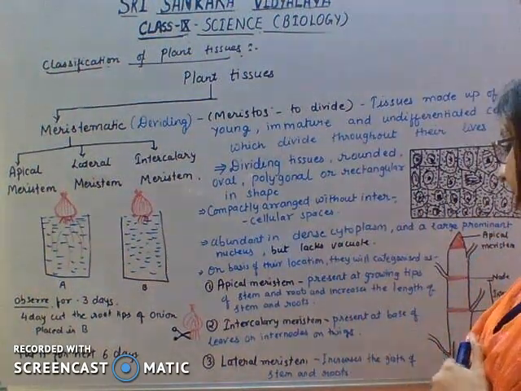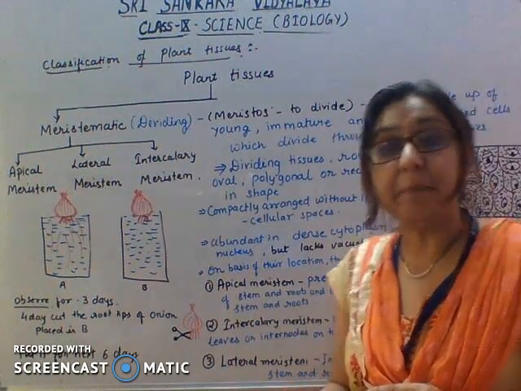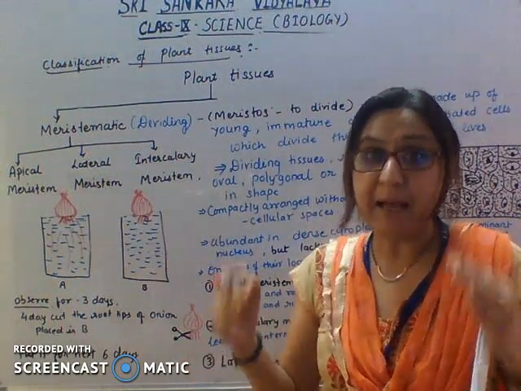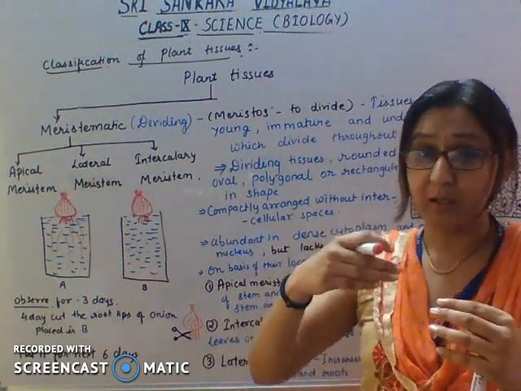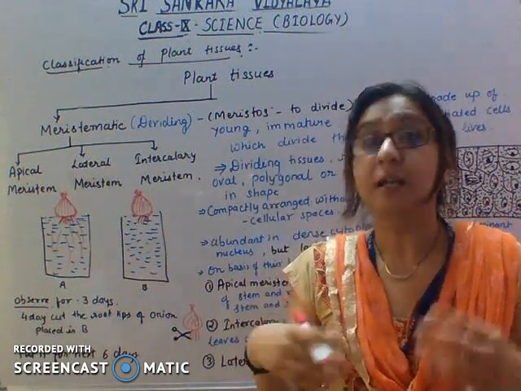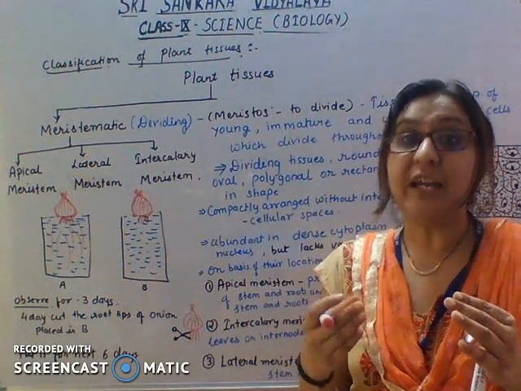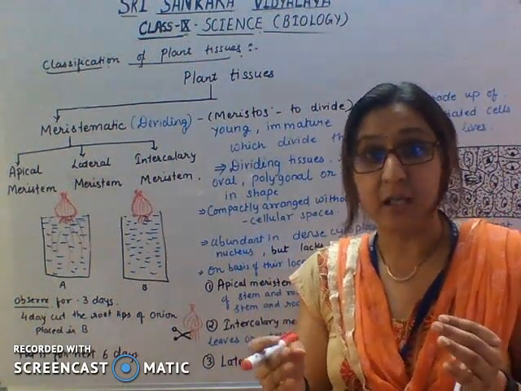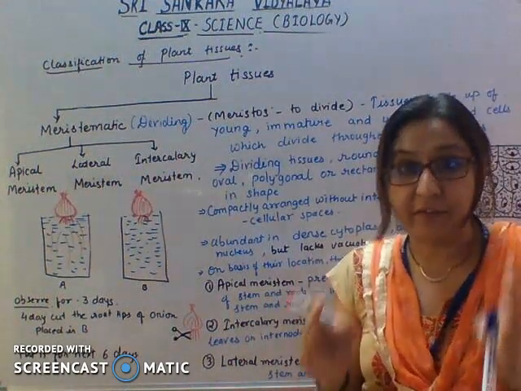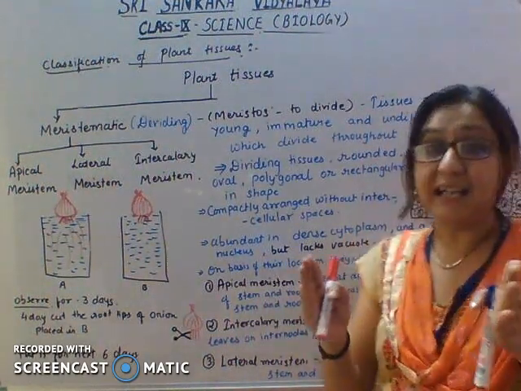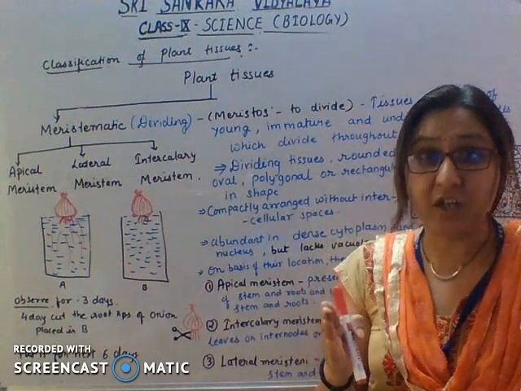Last is the lateral meristem. It is present at the sides of the plant. The plant is growing, the length is increasing day by day. Obviously, the weight of the plant also increases day by day. To support this increasing weight, the plant has to grow in width also.